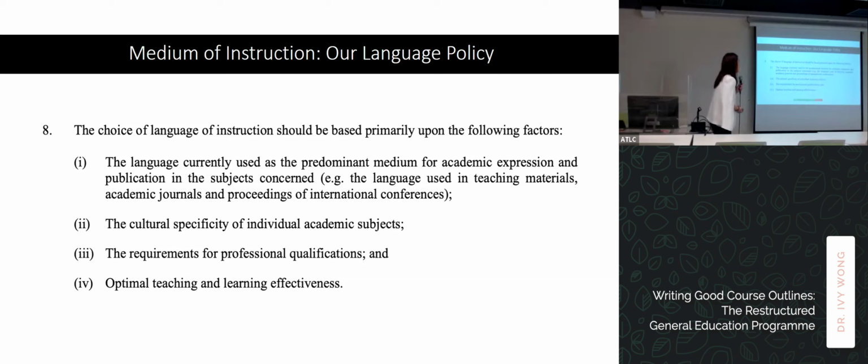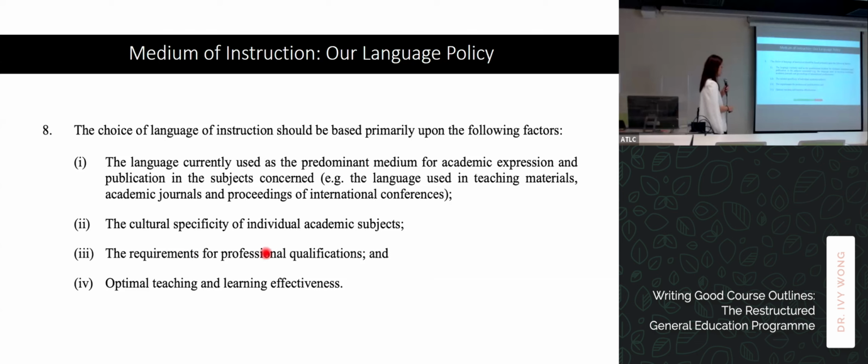But we have to understand that when we decide the choice of the language of instruction, we have to think about the following factors. So it's the publications and the subjects concerned, right? If the publications are mostly in English, it would make sense to use English as the medium of instruction. So the learning materials, the teaching materials that you use, right?